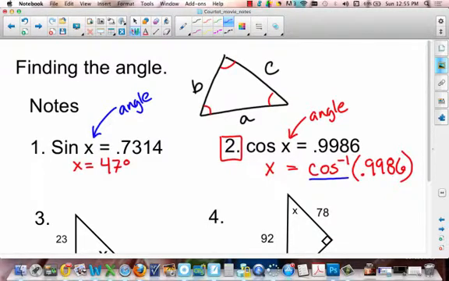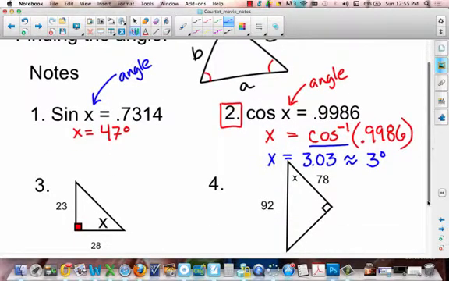It opens up the parentheses, and you type in 0.9986, close those parentheses, hit enter, and it's going to tell you that x is equal to 3.03. Now, a lot of times we round to the nearest whole degree, so we just say that would be 3 degrees.